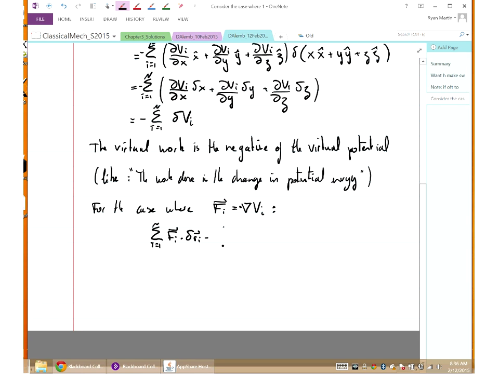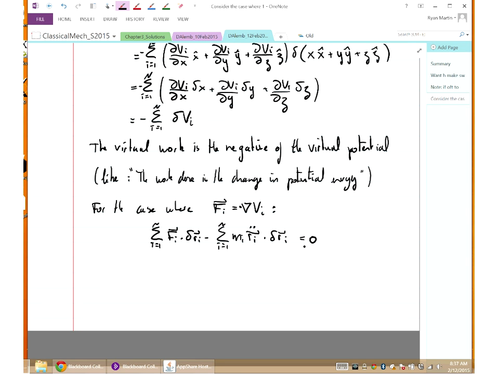Instead of the sum from i equals 1 to N of the applied forces dot delta Ri minus the sum from i equals 1 to N of mi Ri double dot dotted with delta Ri, where this term is the inertial force term.